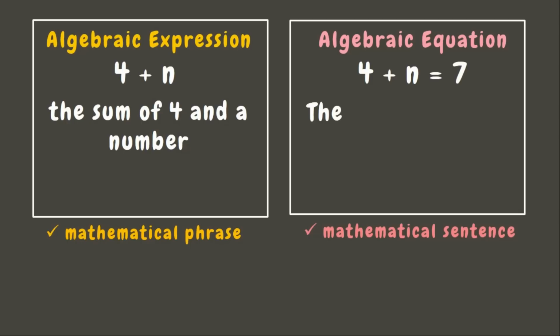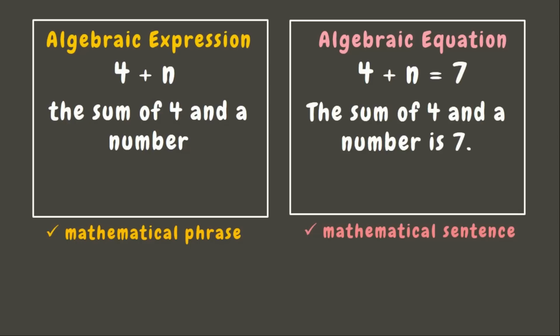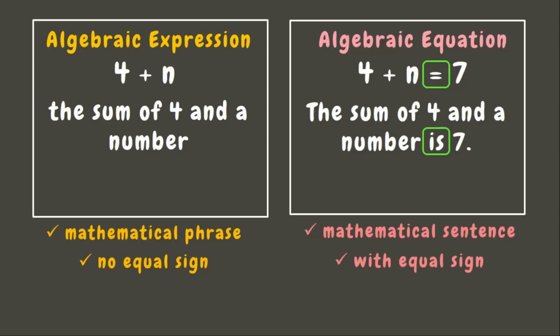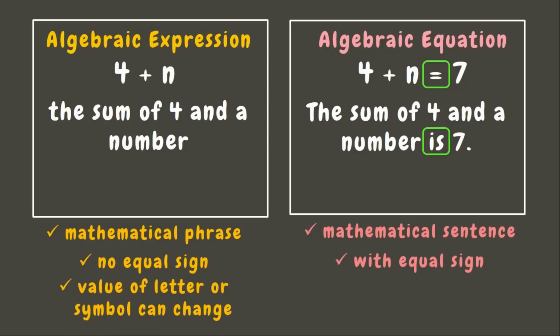For example, we have the sum of 4 and the number is 7. Another one is algebraic expression has no equal sign, while an algebraic equation has an equal sign, which is represented by the word is. Lastly, in an expression, the value of the letter or the symbol can change.